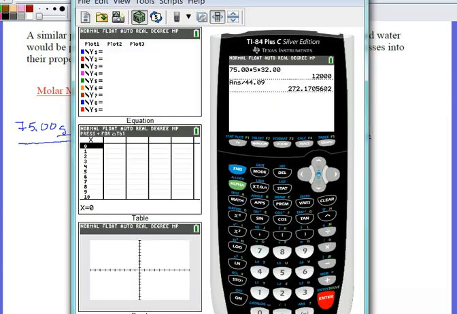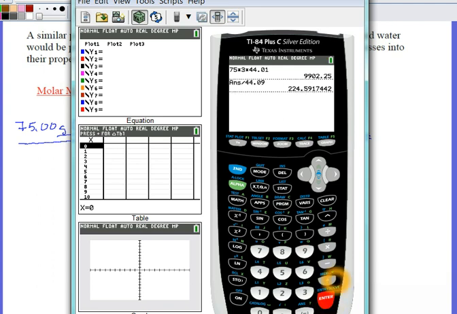So I'll pull up my calculator. 75. I'm not going to put 0.00, so it's not going to change my answer. And then I'm going to multiply that by 3, and then by 44.01. And then I'm going to divide by the molar mass of propane, because that's on the bottom.